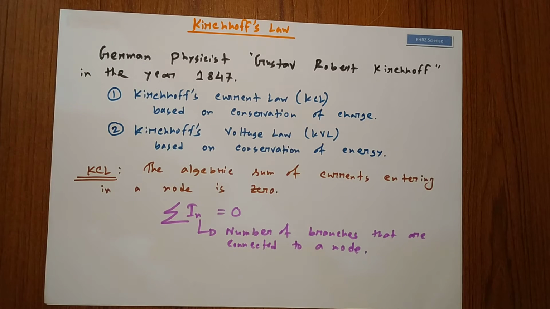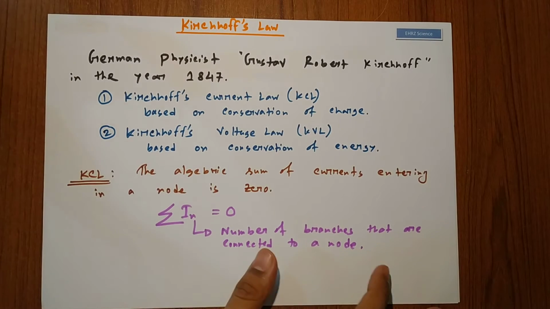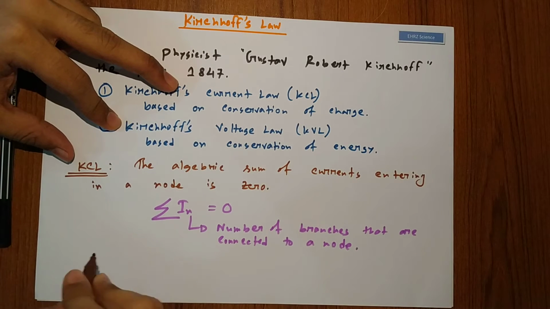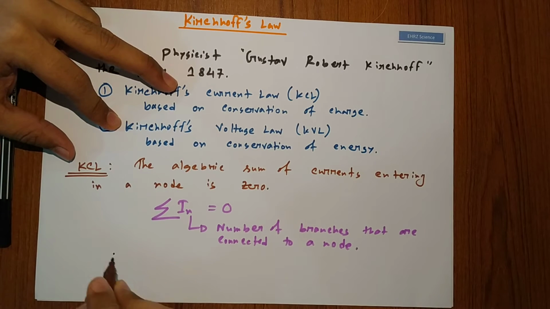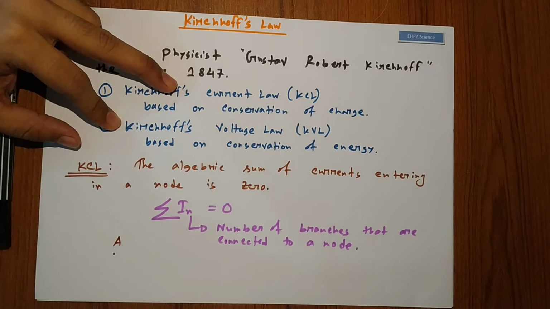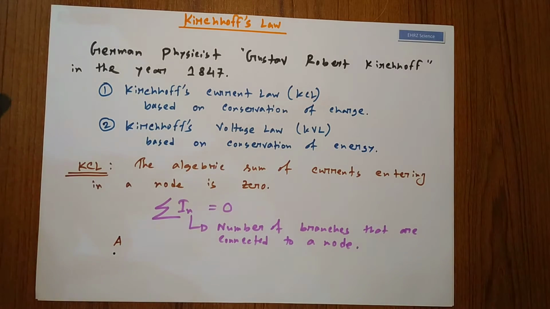Now, I hope you all have a clear view about nodes now, since I gave you a detailed information about node in my previous lecture. Let us consider this is a node. The name of the node is A. Okay, this point is a node in circuit.